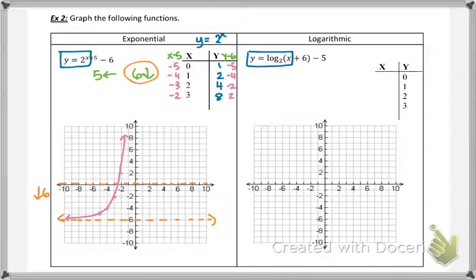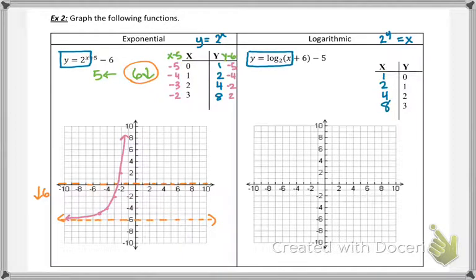All we have to do is swap the x's and y's for my parent, because if I change this to exponential form, this is going to be 2 to the y power equals x. So let's take my y values from the column on the left and switch it over, and now it's the x: 1, 2, 4, 8.